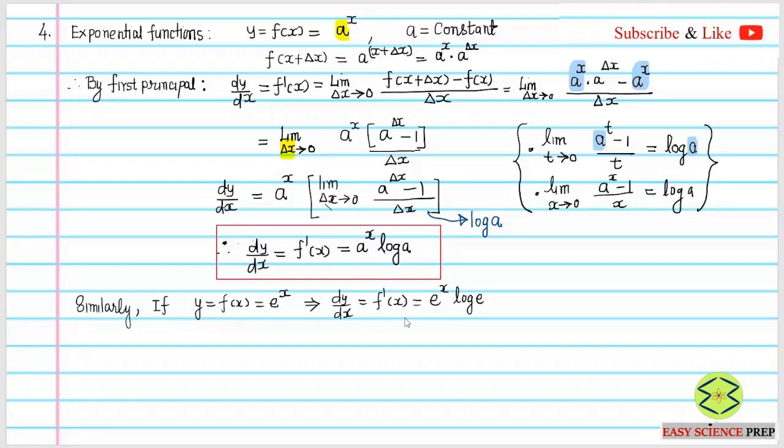Instead of a we got e, so instead of log a we shall be having log e. But the natural log of e is 1, therefore the derivative is e raised to x. So simply we can say the derivative of a function like e raised to x is straight away e raised to x.